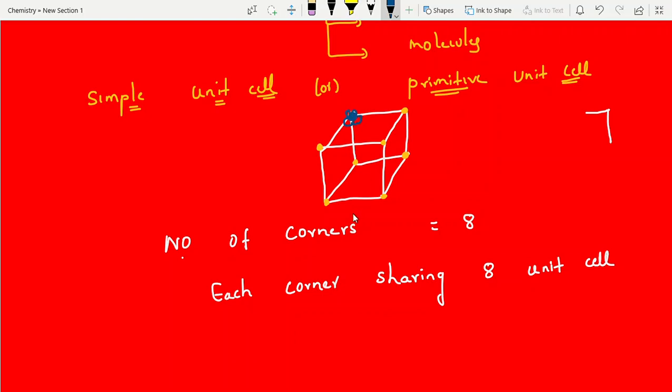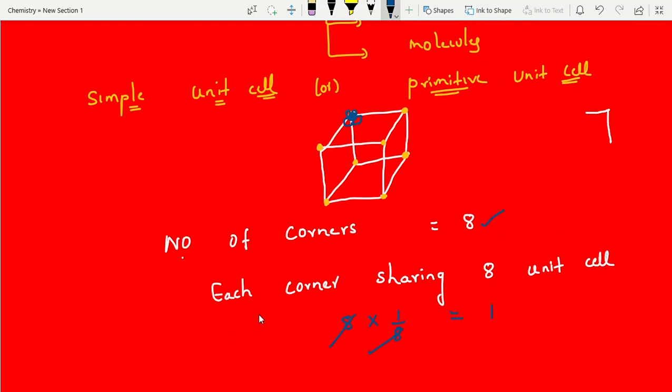Easily you can understand. So now we will calculate the number of particles. Students, see: number of corners is 8, but each particle is shared by 8 unit cells, 4 at the bottom and 4 on top. So 8 into 1 by 8; the 8 gets cancelled, finally 1.